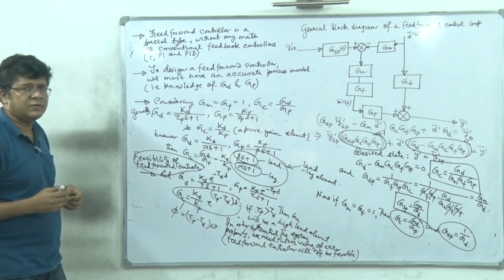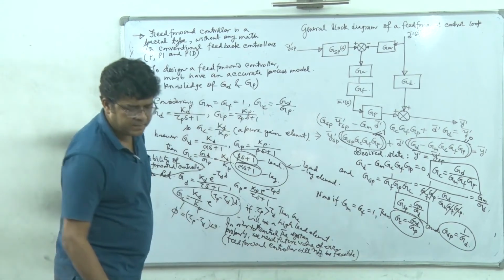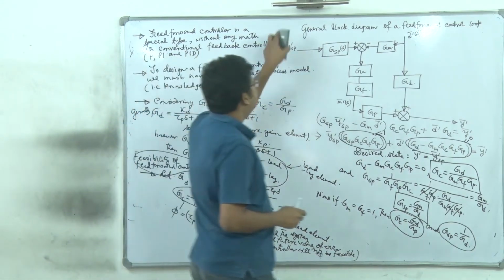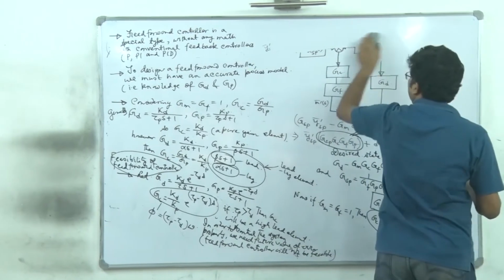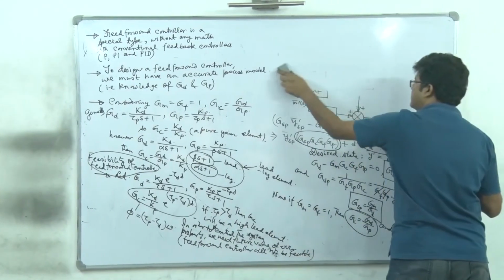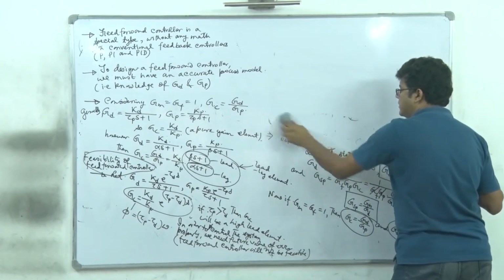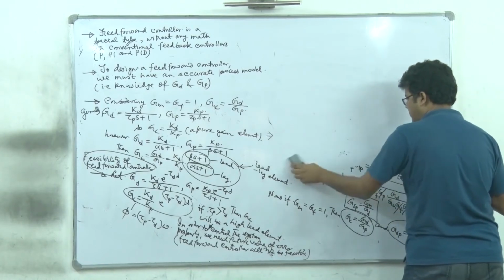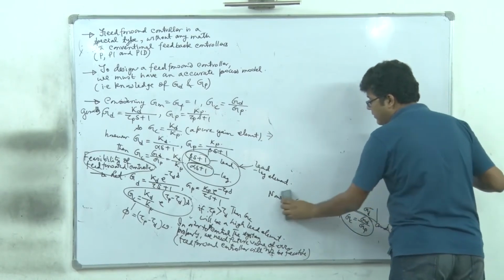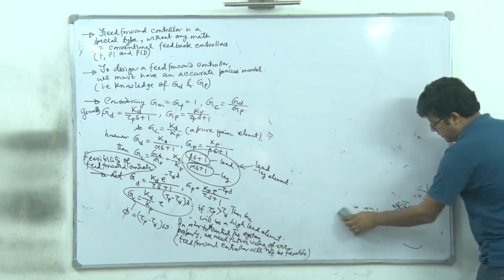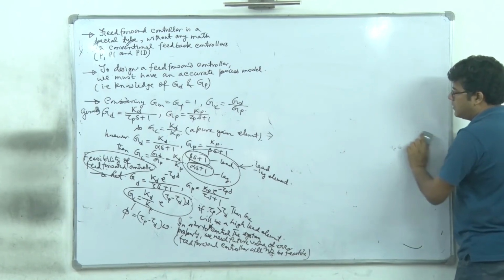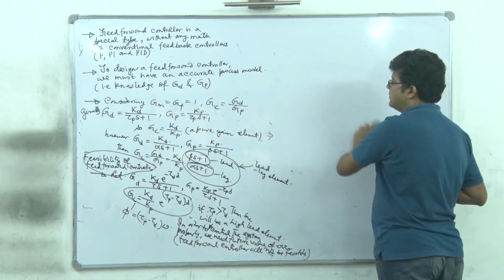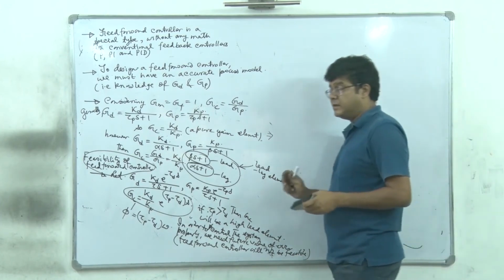The feed forward controller will no longer be feasible if it has got a huge lead in terms of this exponential. Just like the dead time is a huge lag, this positive exponential transfer function is a huge lead.